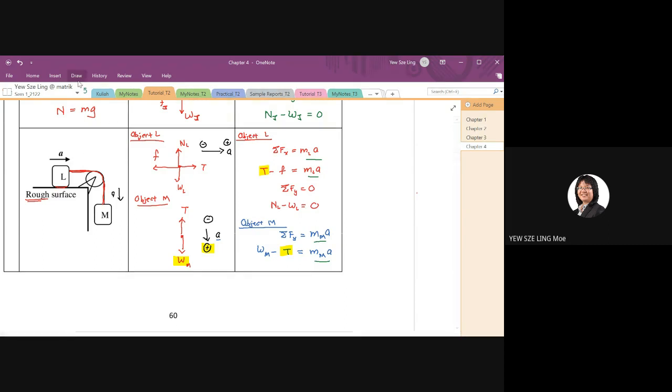So T and also A. Okay, T dengan A dia masih nilai yang sama. So again, simultaneous equation. So 1 minute for you to write it down before I proceed to the last 3 questions. Or last 4 questions.